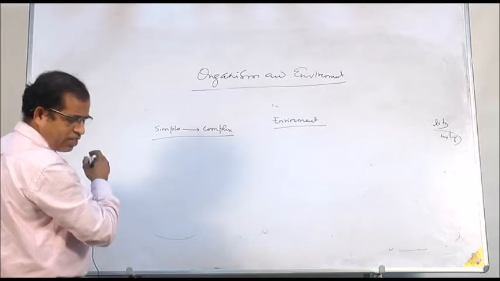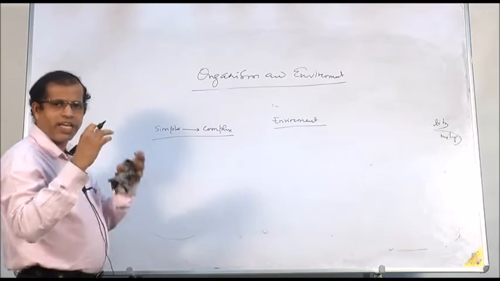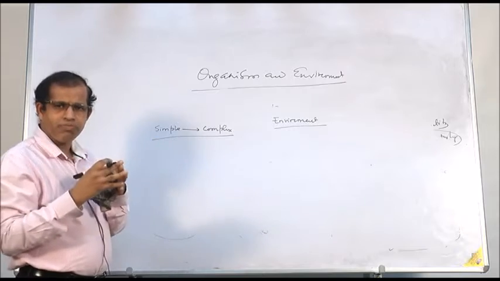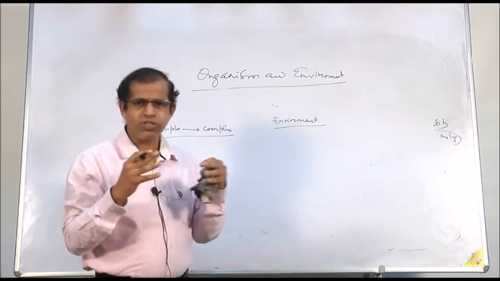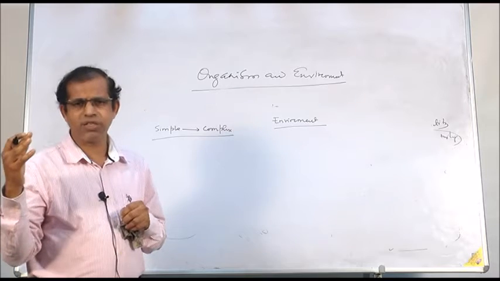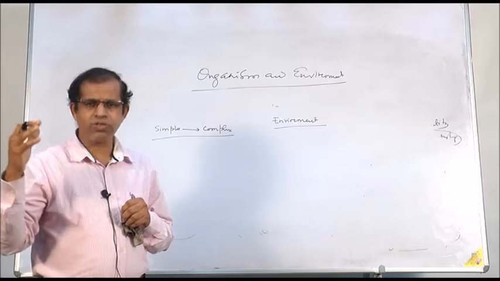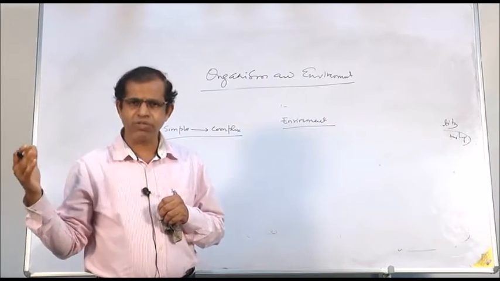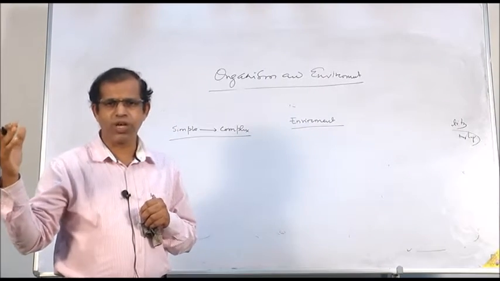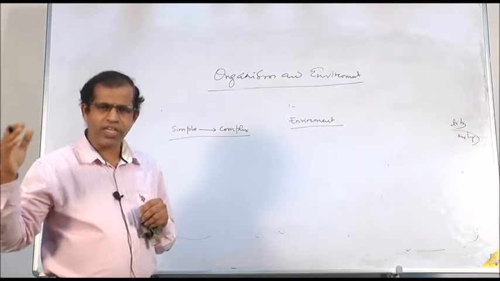You must be knowing that there is an individual cell; when a group of cells associate with each other, you find the tissue, then tissues assemble and organs associate, then you find organisms, then we move towards populations, then community, like this.